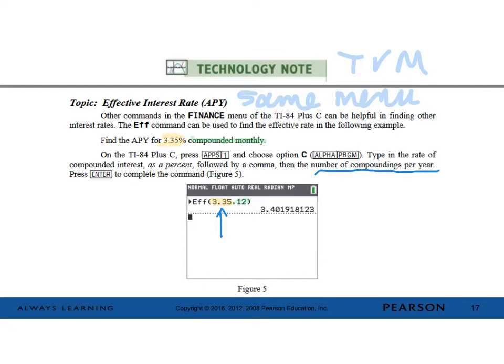And the calculator will give you the same answer as what the formula gave you, which is 3.409. With the arithmetic in the formula, the calculator has all that stored, so you just enter the APR, or the annual percentage rate, or the nominal interest rate, and then the number of compoundings.